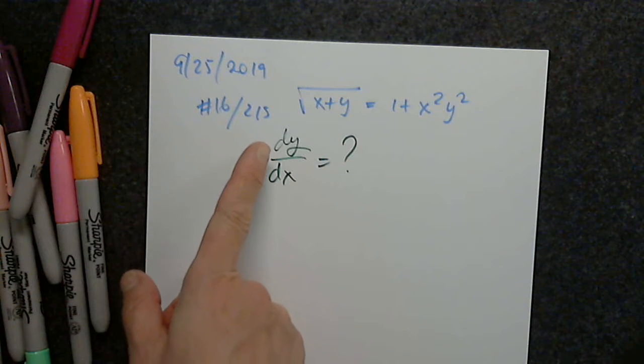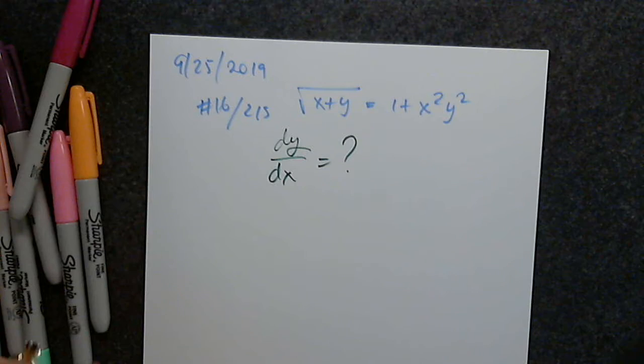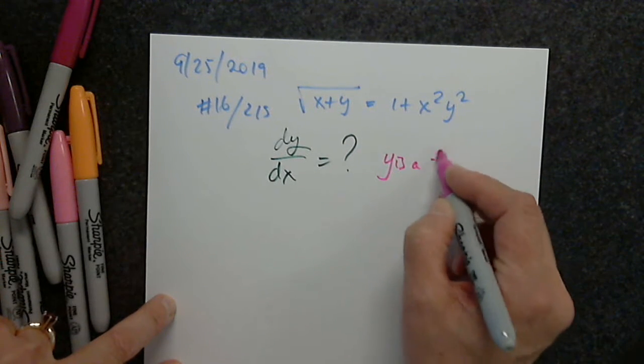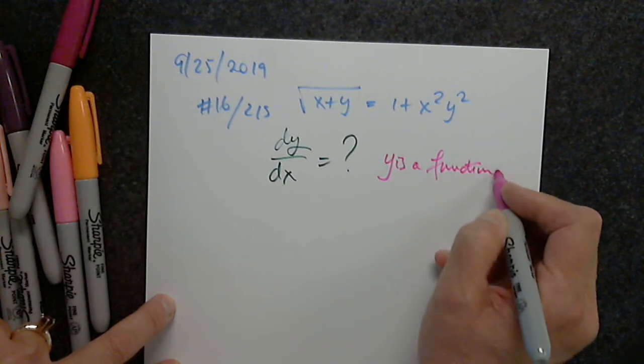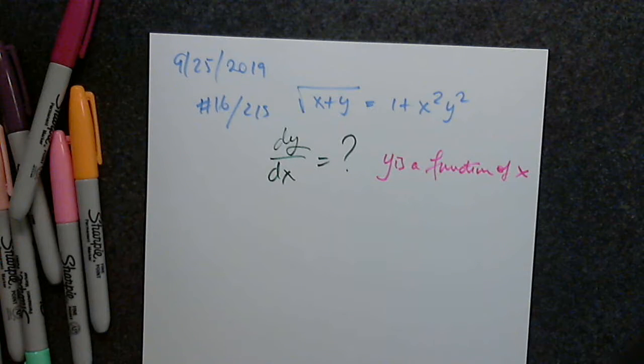If I'm told to find dy over dx, it's very clear that y is a function of x. There is no discussion there, right? Is that clear? Otherwise, you would have said find dy over dp, and then I would have said y is a function of p. Okay? So please remember that.